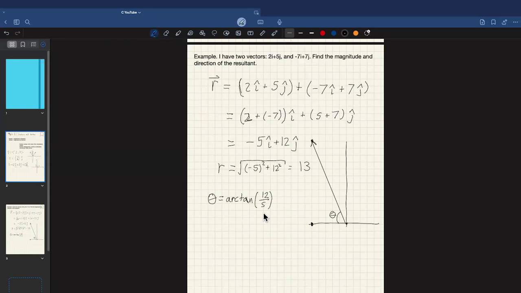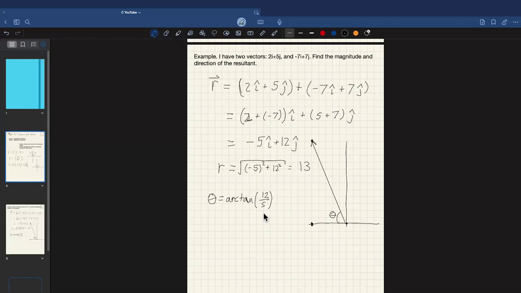If I do arctangent of 12 over 5, that gives me 1.1 radians. Sorry, let me turn that into degrees for you, because degrees are the thing we typically use. So that is going to give me a value of 67.